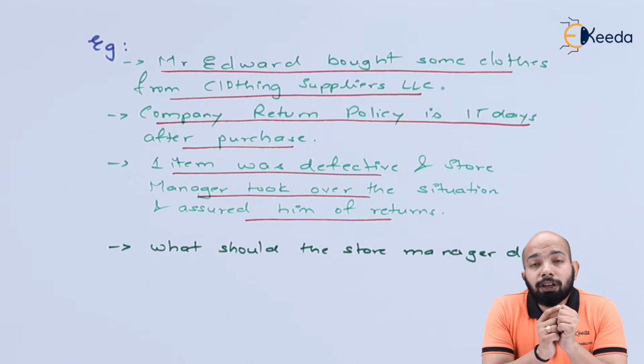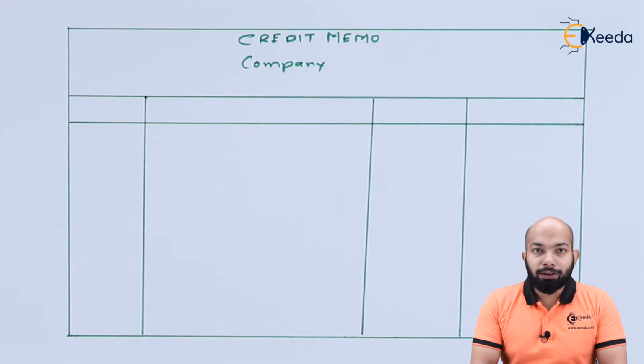Now, there's a specific format for this situation, whereby you need to prepare a credit note or credit memo in the format we'll be discussing right now. Let's prepare that format first, and then we'll solve certain illustrations about it.